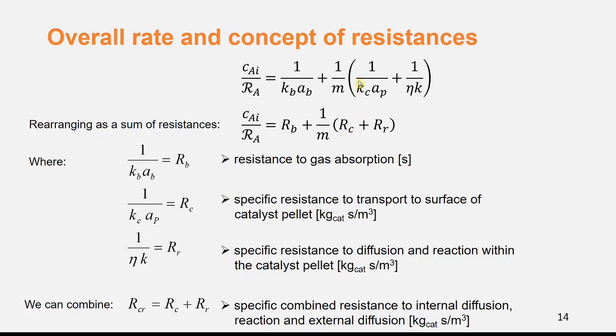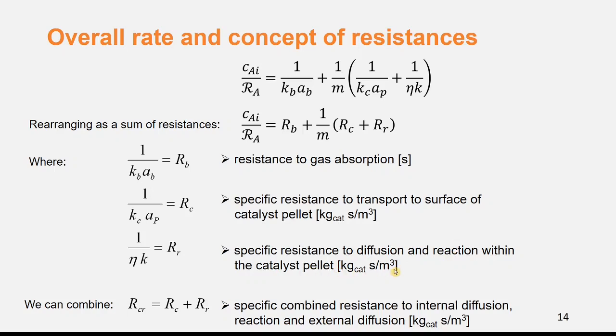RC is equal to 1 over KCAP. And this is the specific resistance to external mass transport or external diffusion. It has units of kilogram catalyst second per cubic meter. And finally, we have RR, which is equal to 1 over eta K. And this is the specific resistance to internal diffusion and reaction within the catalyst pellet.